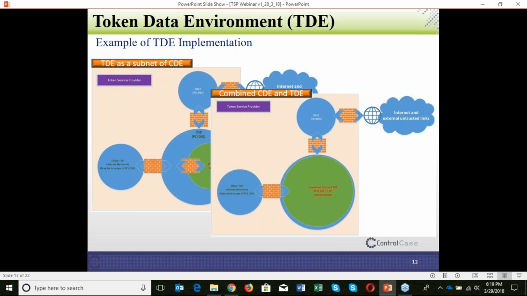The difference here is that for the whole segment, which is a combination of TDE and CDE, all the controls of PCI obviously, and the TDE requirements need to apply. This means that any system which is not performing any TDE functions also needs to be part of the scope, since it is one big segment. So obviously the choice is the first option, where you segment TDE within CDE so that the scope is minimized and manageable, just like in PCI, where we call it reduction of scope.